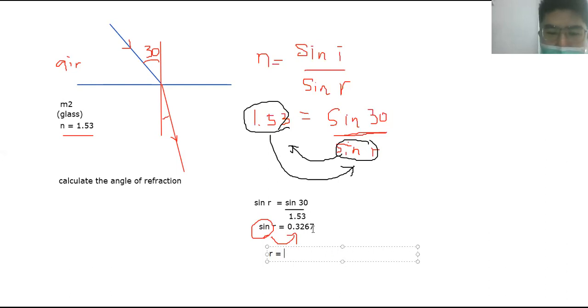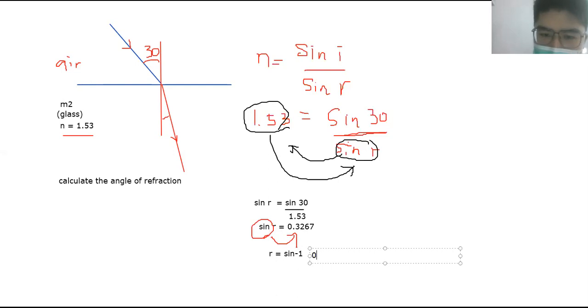If you go to the opposite, it becomes sine -1. Times across the equal sign becomes divide. Divide across becomes multiply. Positive becomes negative. Sine across the equal sign, you get sine -1.